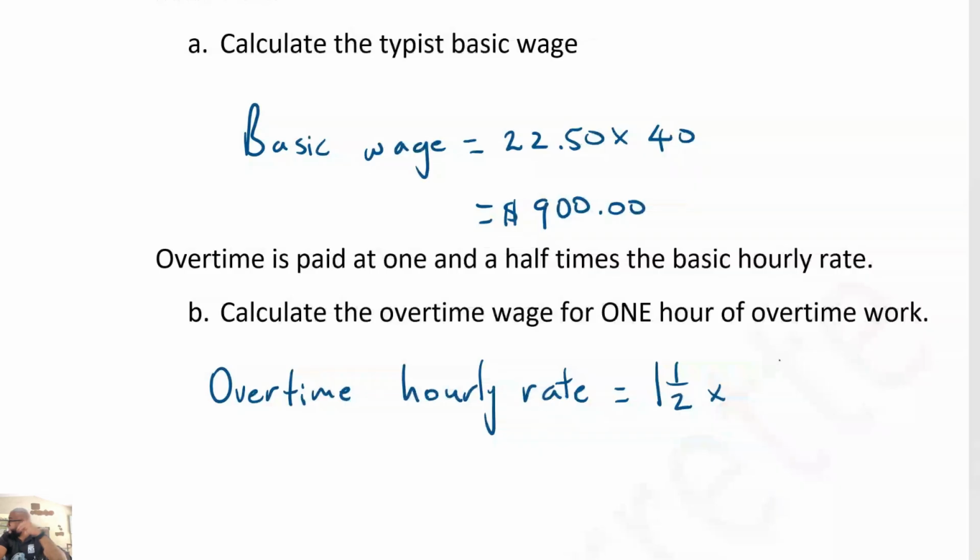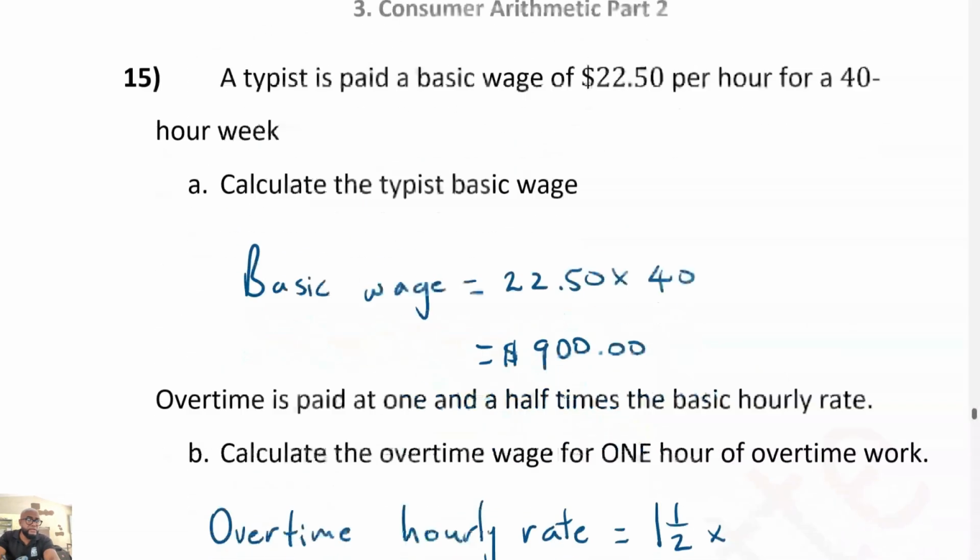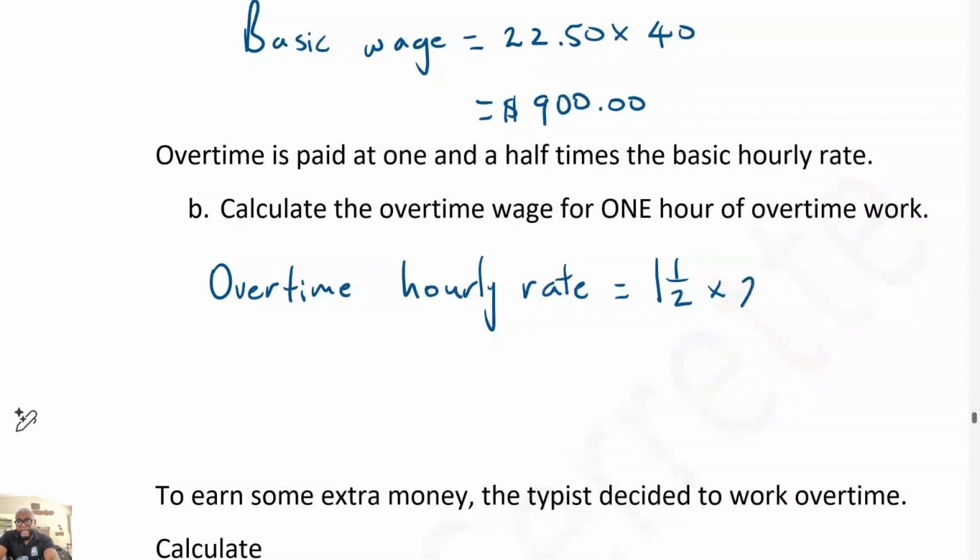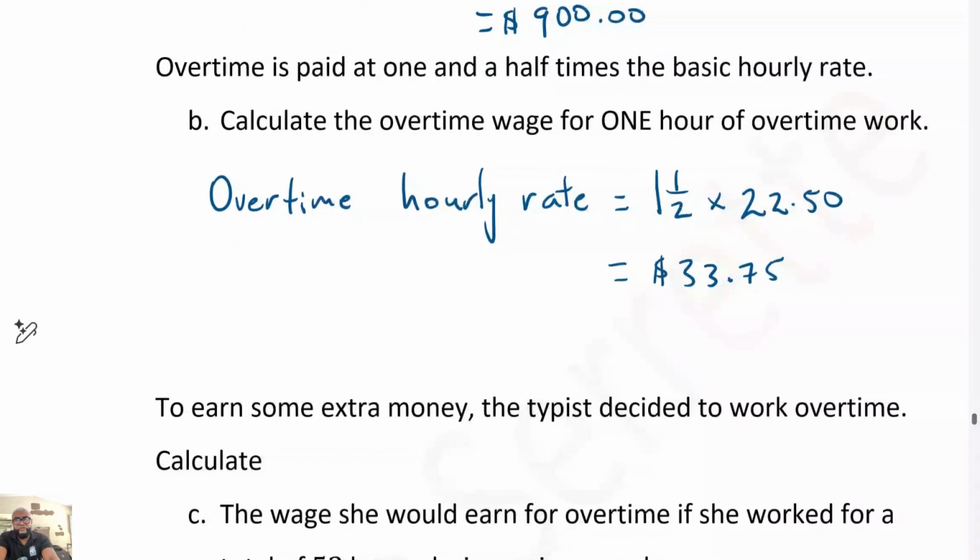What was his basic hourly rate up here? 22.50. So you're multiplying this by 22.50. What do we get in here? What's this overtime hourly rate? $33.75, boom bang. So we move on.